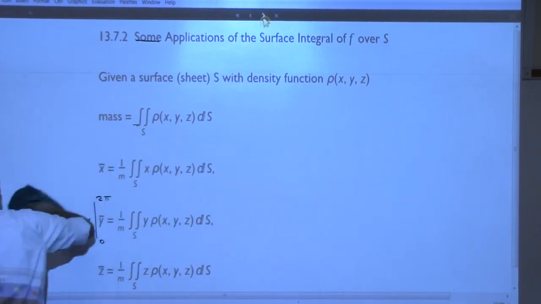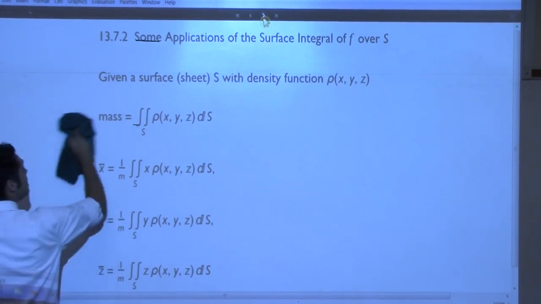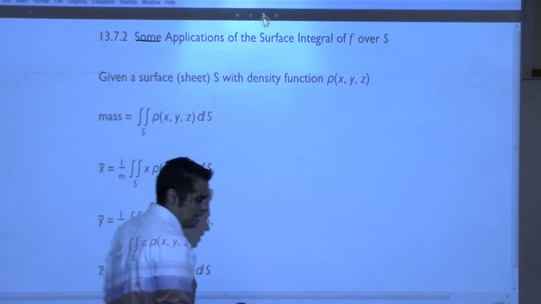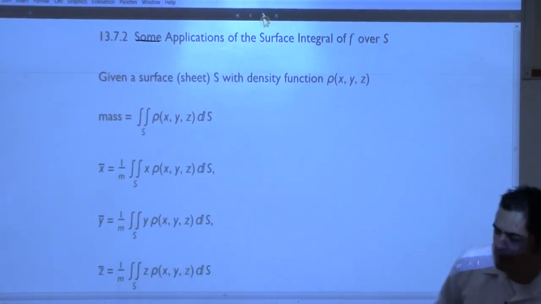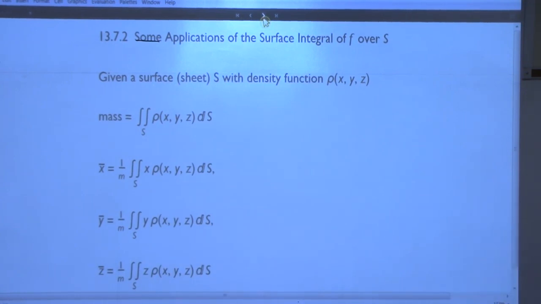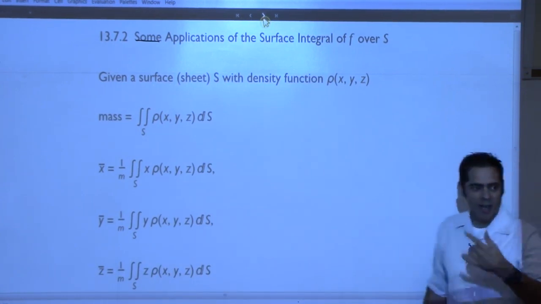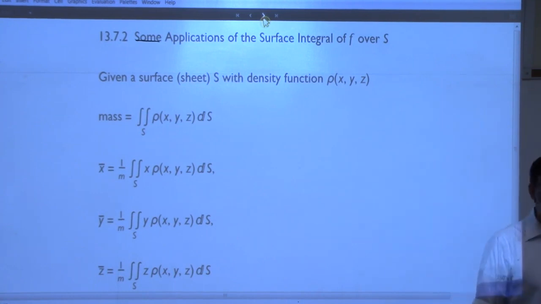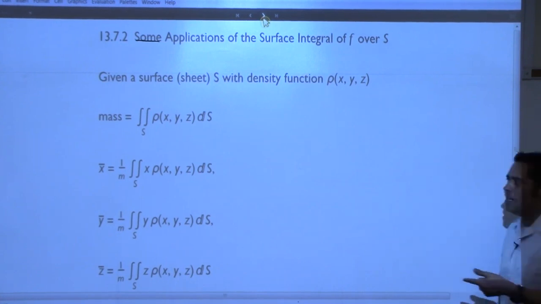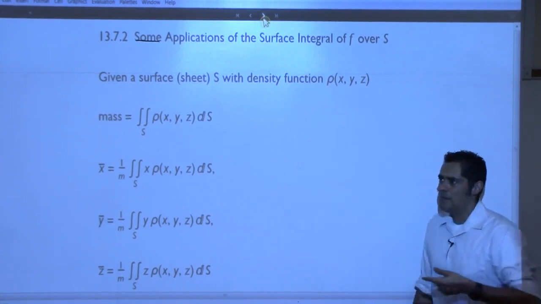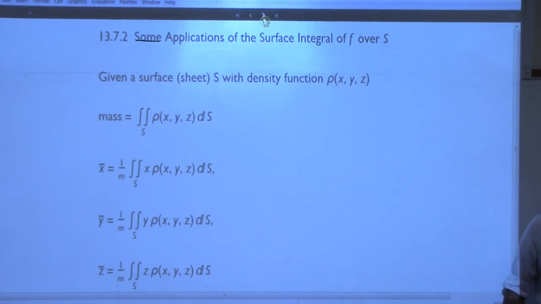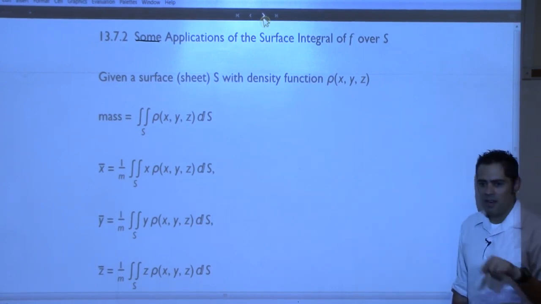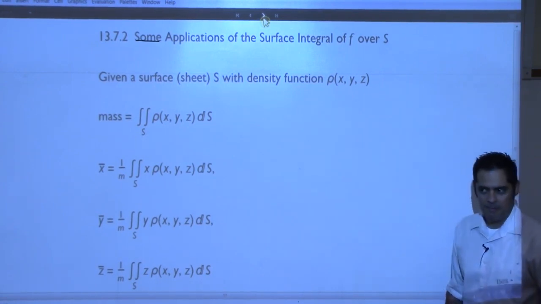But here's some formulas. I'm not going to give you an example of these. I think you've noticed, hopefully, that in one of the exams I gave you, you had to calculate center of mass and moments of inertia for a problem a couple of mini exams ago. It was real tedious. Then the last mini exam, I asked you to find the mass and the center of mass of a wire, which I never gave you a formula for.